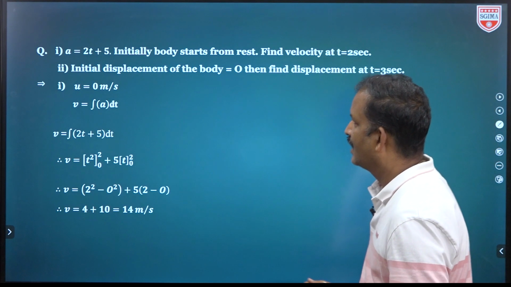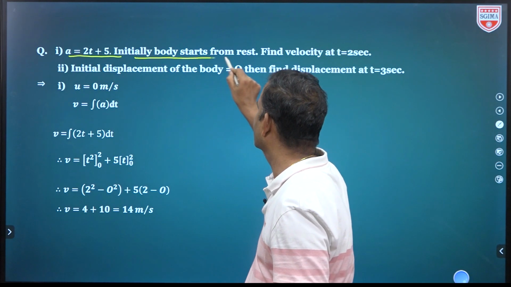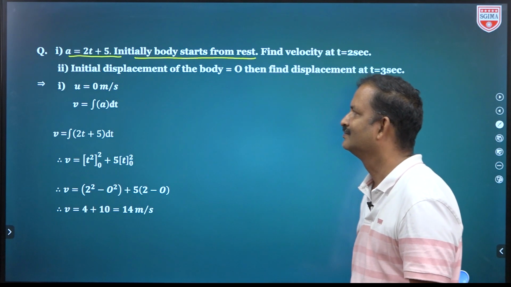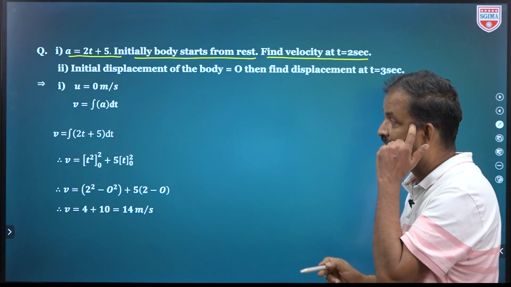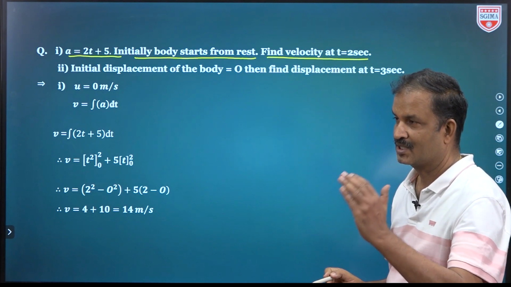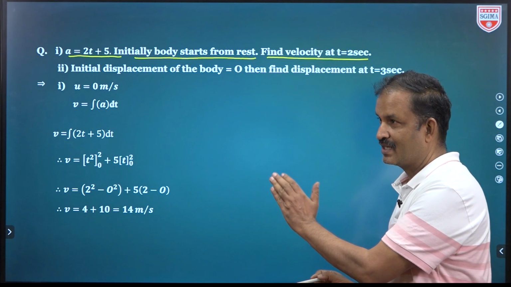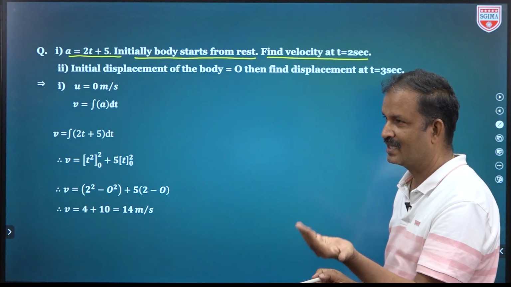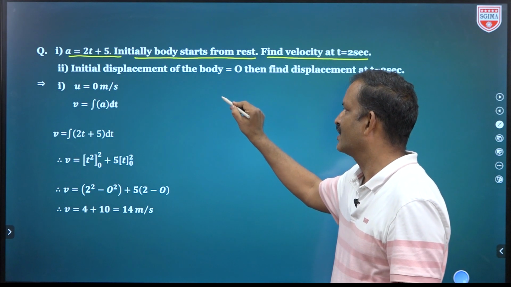Now, acceleration is given. Initially, body starts from rest. Find the velocity at t equal to 2 seconds. Reverse process: displacement to velocity is differentiation, velocity to acceleration is differentiation. Acceleration to velocity is integration.